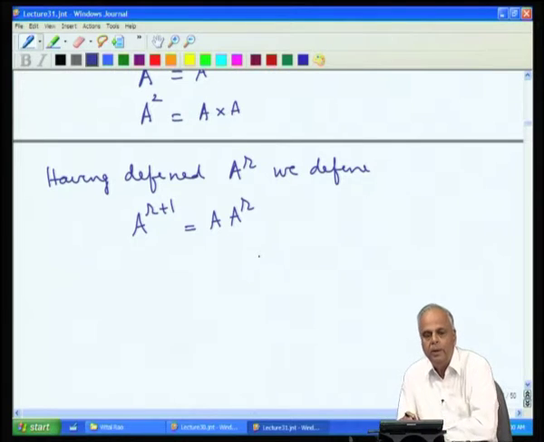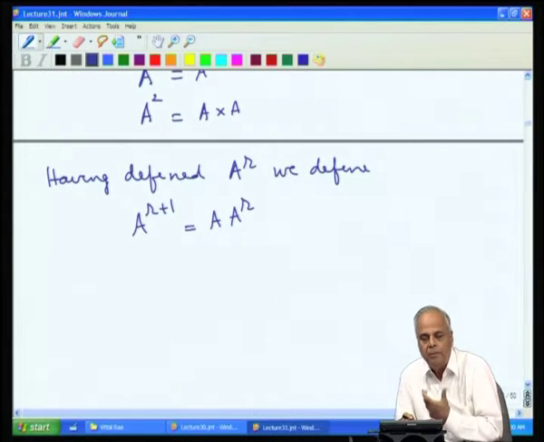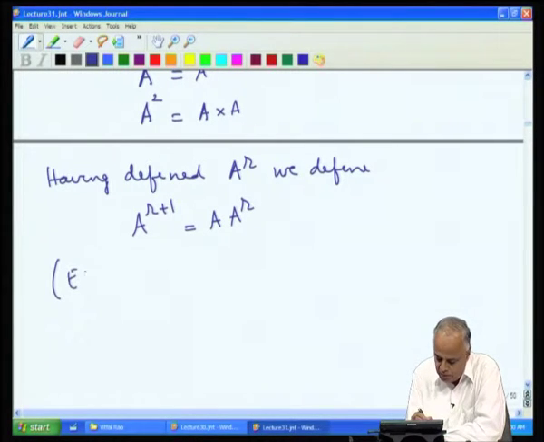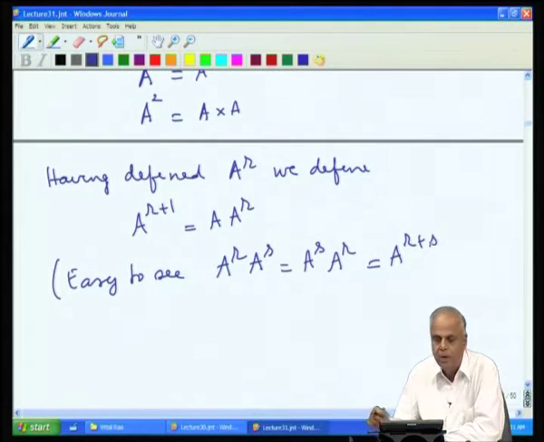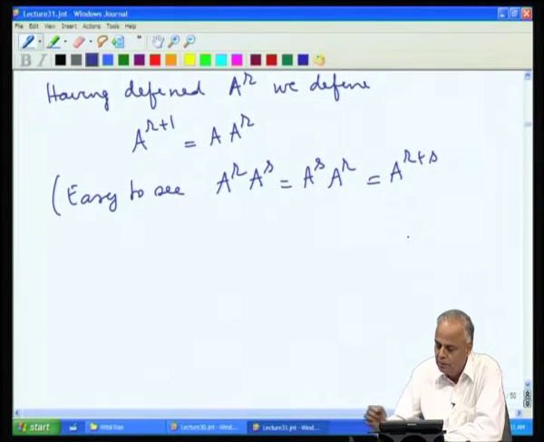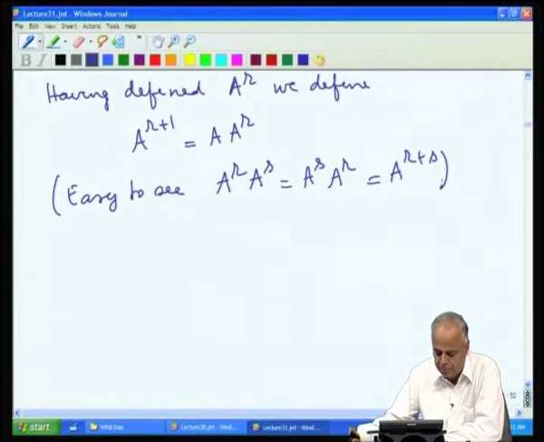Now, we can easily see that if A to the power r and A to the power s are two powers of A, they commute with each other. So, it is easy to see that A power r into A power s is A power s into A power r, which is equal to A power r plus s for any positive integers r and s.